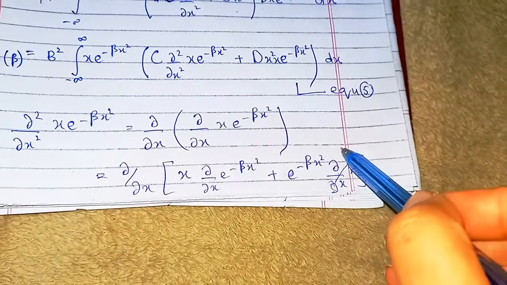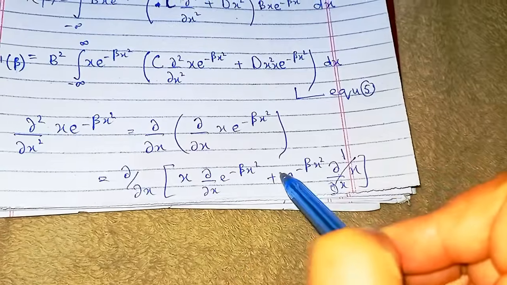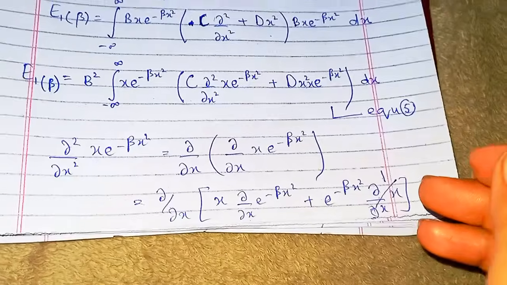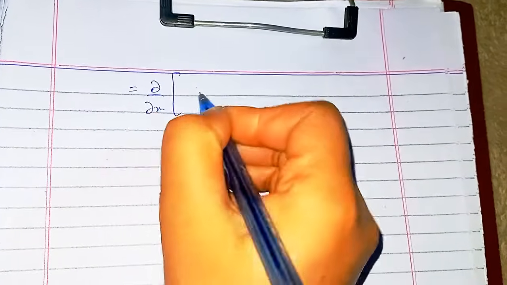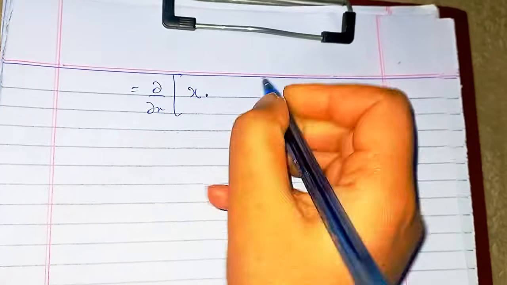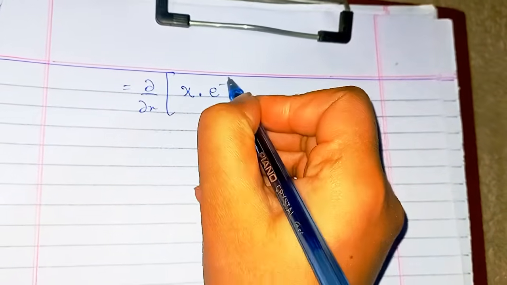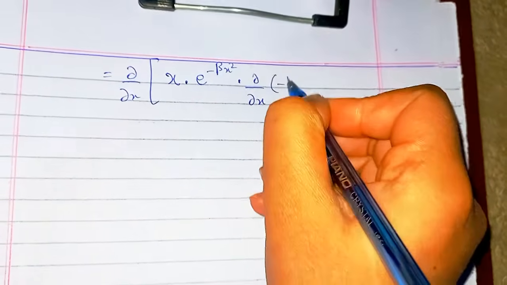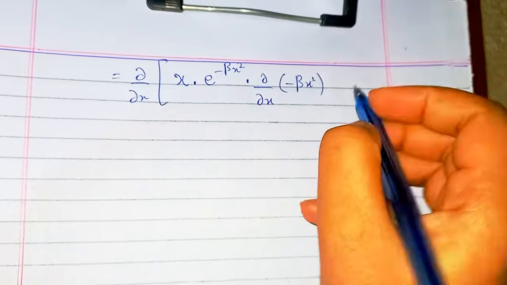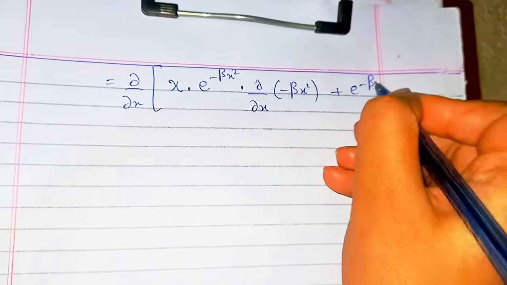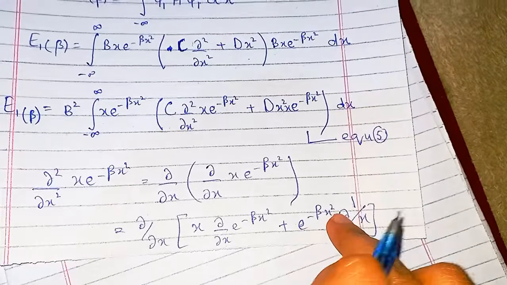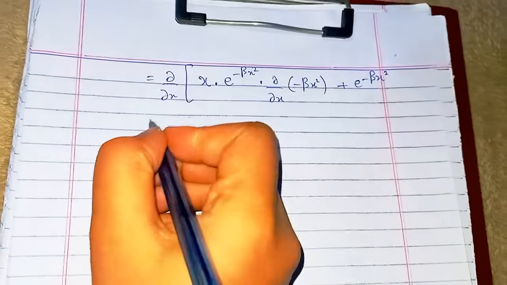Partial x by partial x is 1, and partial by partial x of the exponential e to the power minus beta x square, let's see what it is. That is equal to partial by partial x into x. The derivative of the exponential is e to the power minus beta x square as it is, then the derivative of its power, which is minus beta x square, plus e to the power minus beta x square. Since partial x by partial x was 1, only e to the power minus beta x square is left behind.